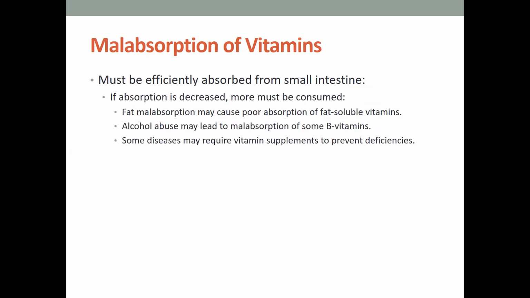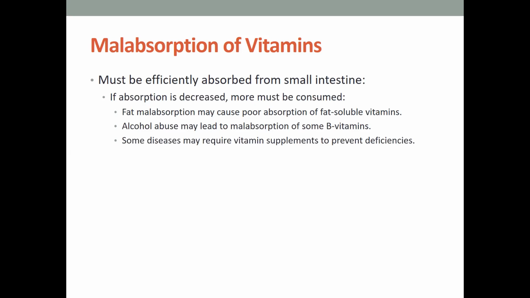So the small intestine is where we absorb most of our vitamins. If absorption is decreased, we have to increase our intake. More must be consumed. So for fat-soluble vitamins, if you have any disease that causes fat malabsorption, you will probably have a problem with your fat-soluble vitamin status.